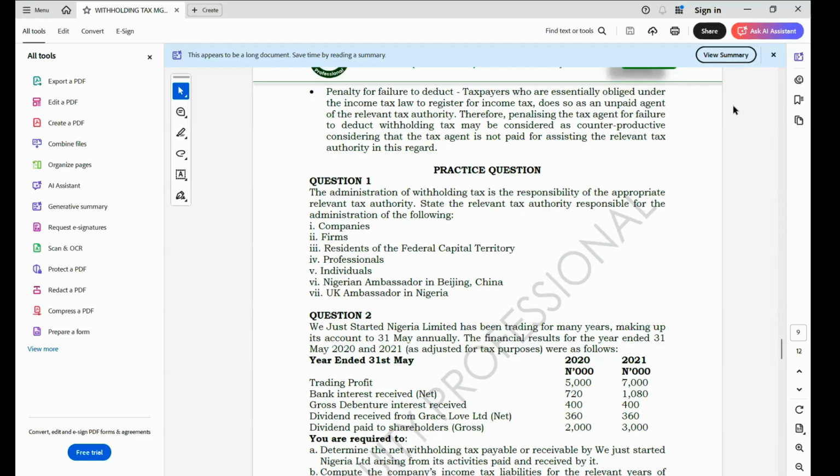So they told us that what we sold is actually a vatable item. Yes, they are supposed to pay you the VAT. This is where you are missing it.